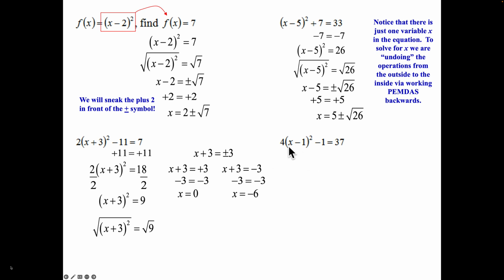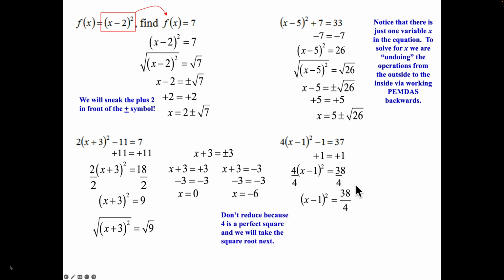All right, next example. Outside to inside, add over the 1. We get 38. Divide over the 4. Now, at this point, do not reduce this. Notice that my denominator is a perfect square, so don't reduce it by 2 because then I'll have to rationalize it.